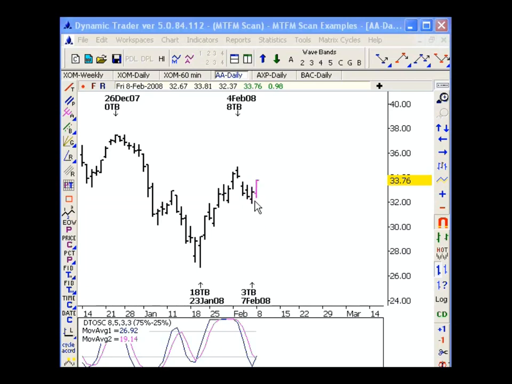As of February 8th for AA, I think that's Alcoa Aluminum, the market had a strong up move and then just a little 3-day decline.